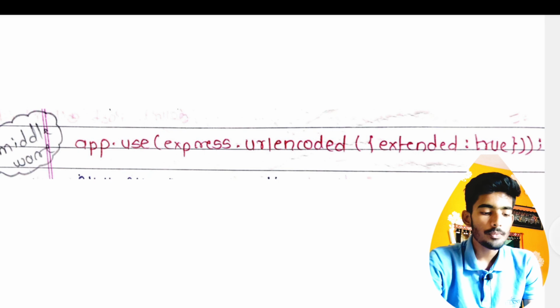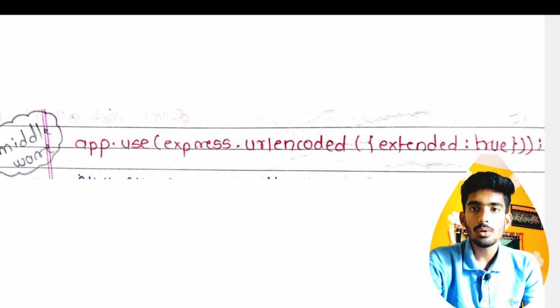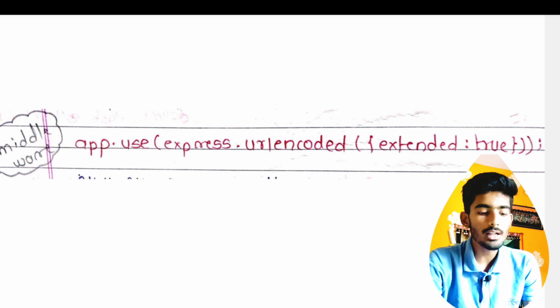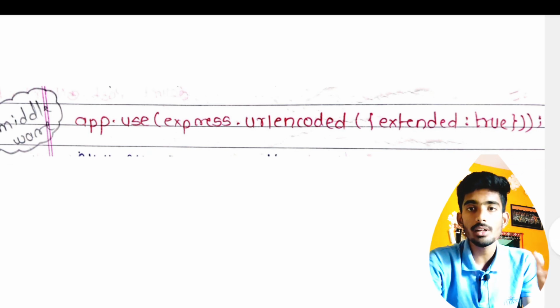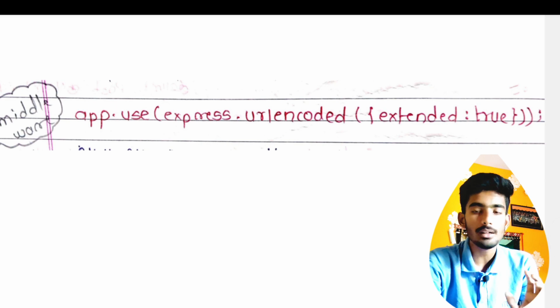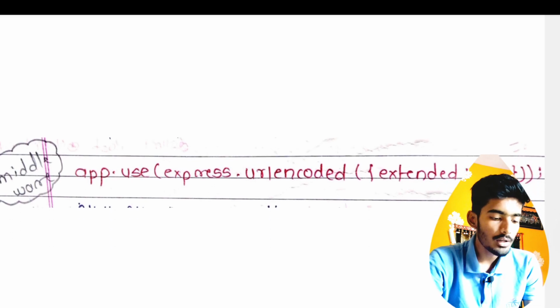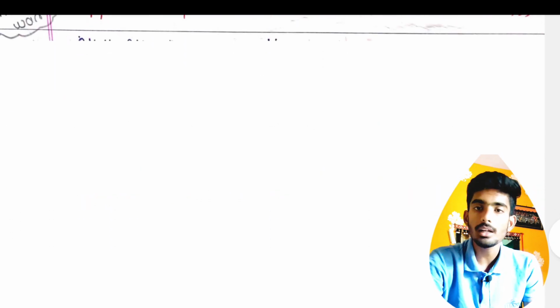So to make our server side understand that data, we use this particular middleware. In that middleware, we have written express.urlencoded: the data which has been encoded in the URL should be understood by the server. So to understand all these things, we use this particular middleware. You can also take a screenshot of this. We are also going to use this in our project.